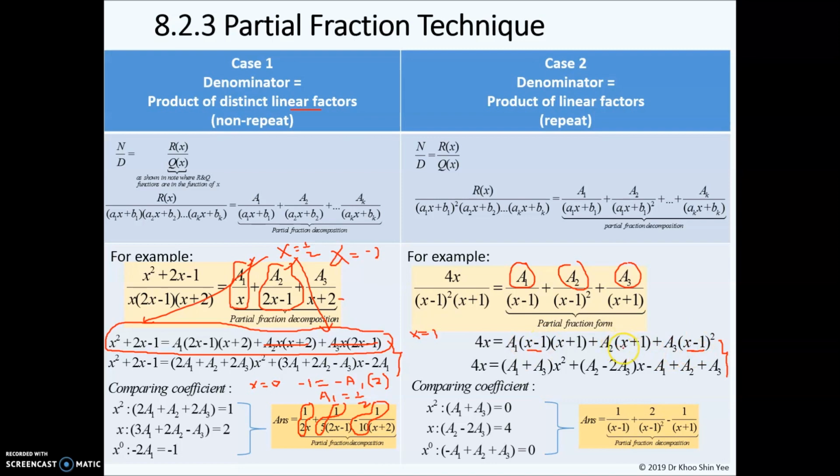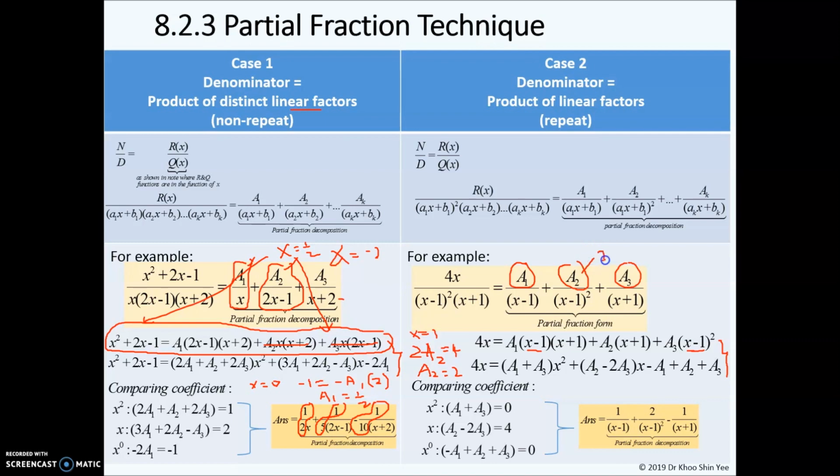So you only have x equal to 1 here. You have 2a2 here, which is equal to, on the left hand side, 4 multiplied by 1, you get 4. So your a2 is equal to 4 divided by 2. So you get a2 equal to 2.